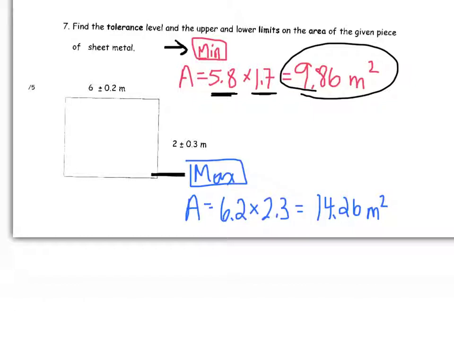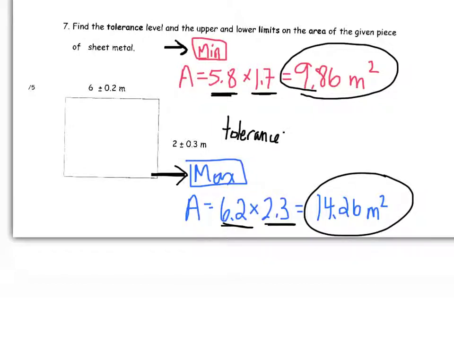What about the maximum? That's in blue down here. The maximum size is 6.2 meters by 2.3 meters, and multiplying those gives us a maximum area of 14.26 meters squared. All right. Well, what is that? That tells us the upper and lower limits of the area, but what's the tolerance? Well, tolerance is max minus min.